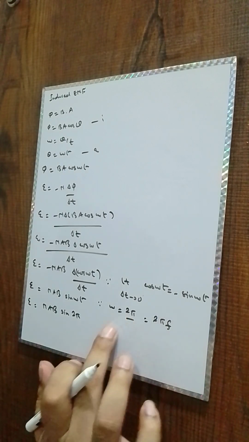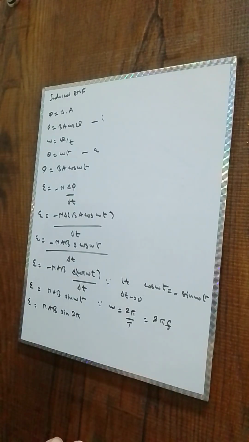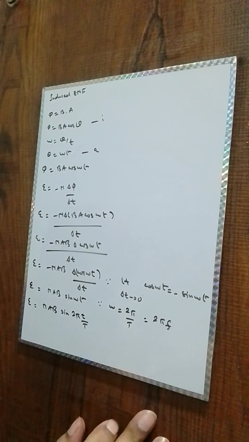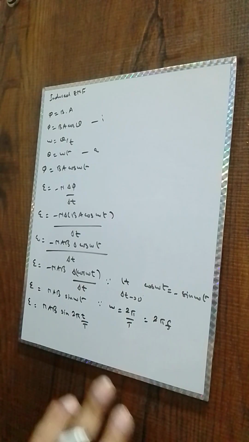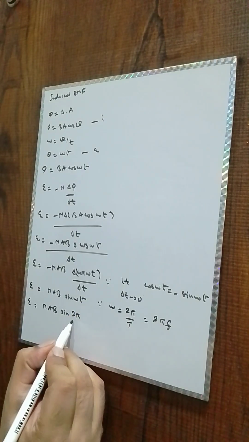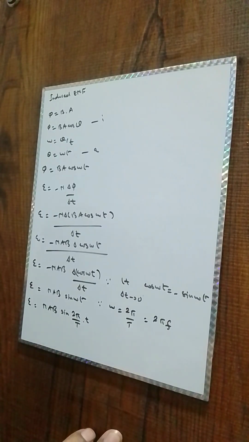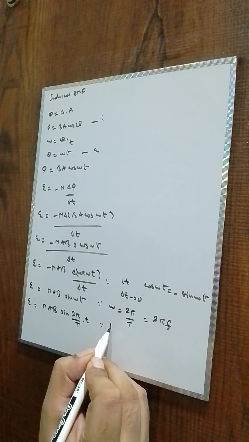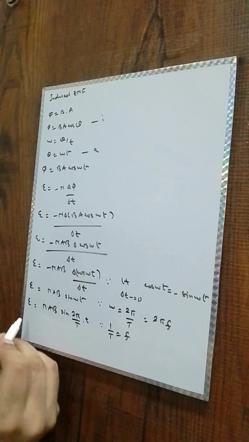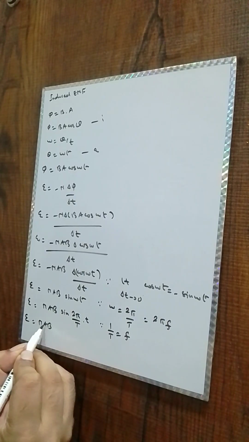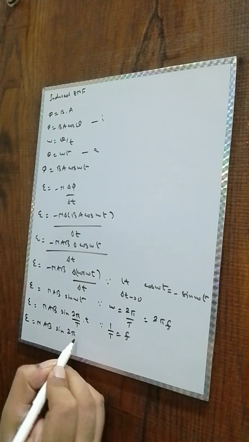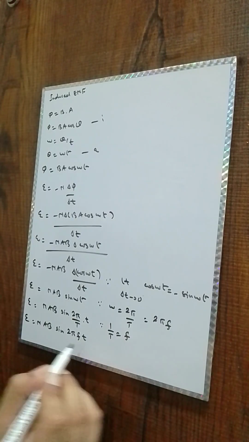And 1 by T is equal to f. So there's one more form we can establish, N A B sine 2 pi f t, frequency into time.